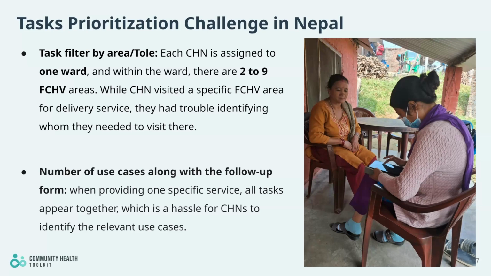In each ward, there are 2 to 9 female community health volunteers, depending on the population and size of the ward. When a person is registered in the system, they are registered under the FCHV area. When a CHN visits a specific FCHV area to provide services, it becomes difficult to identify which households or individuals need to be visited in that area.